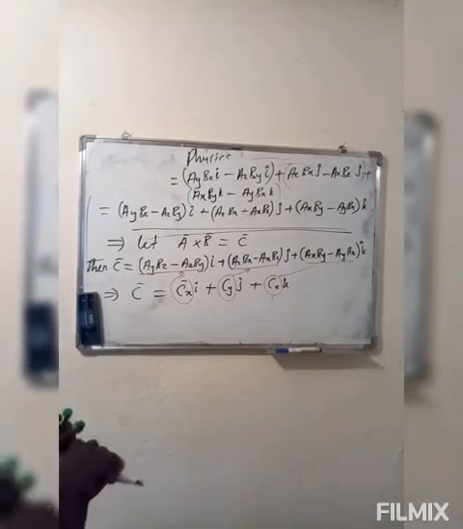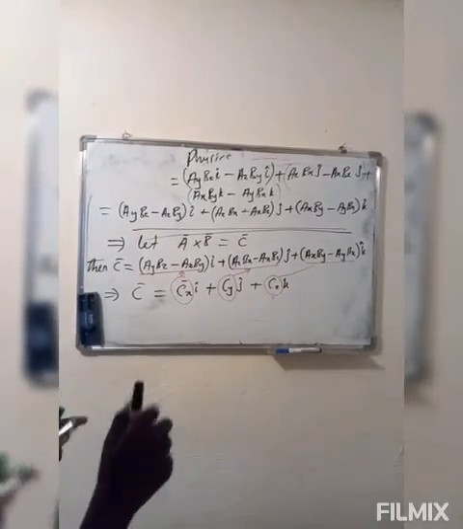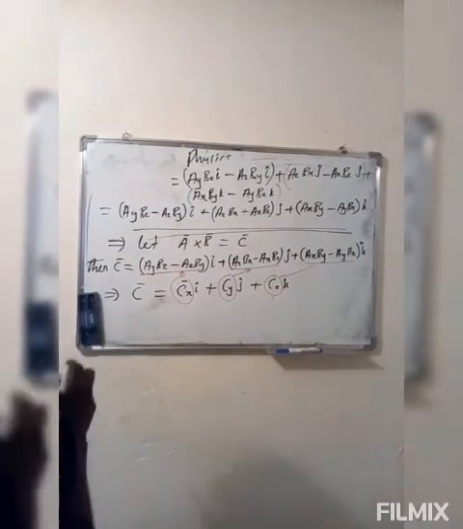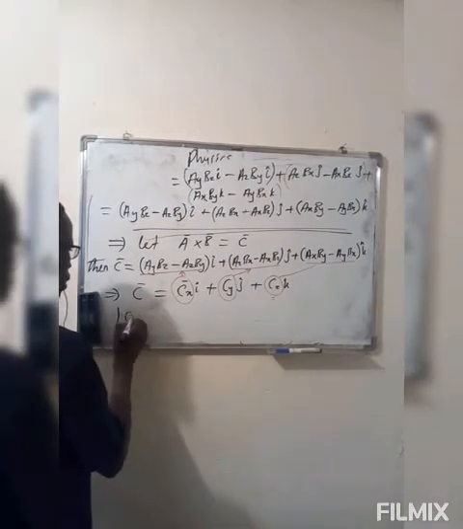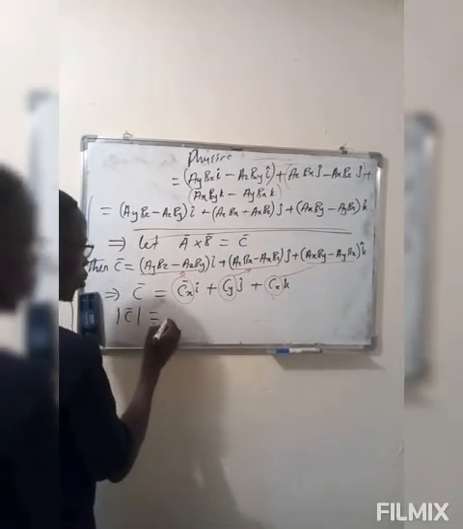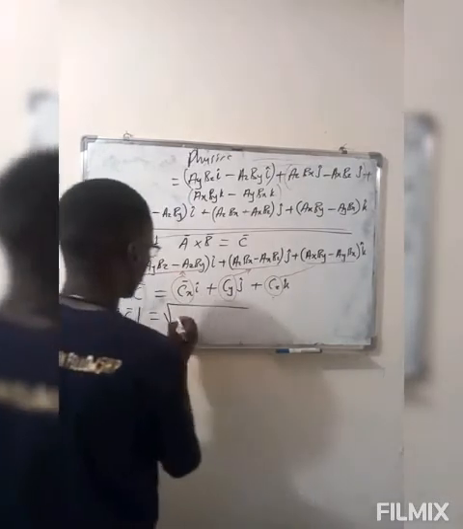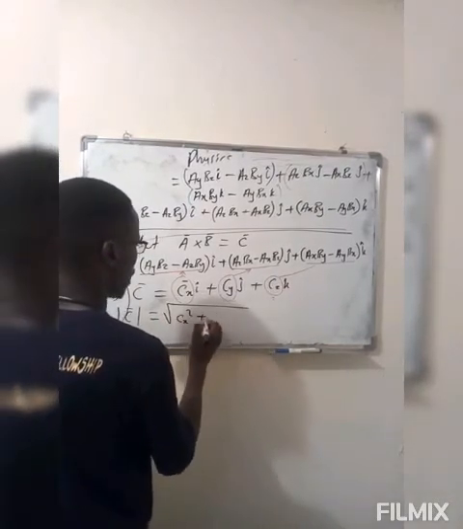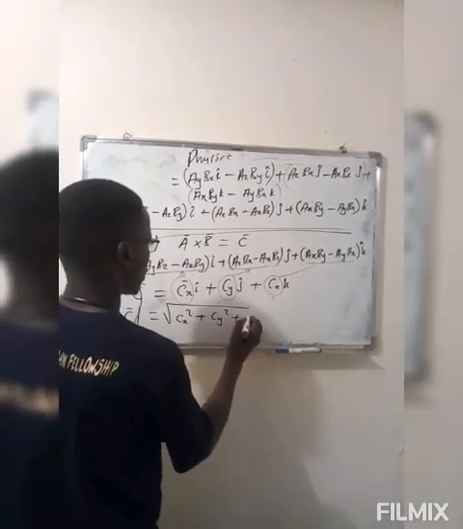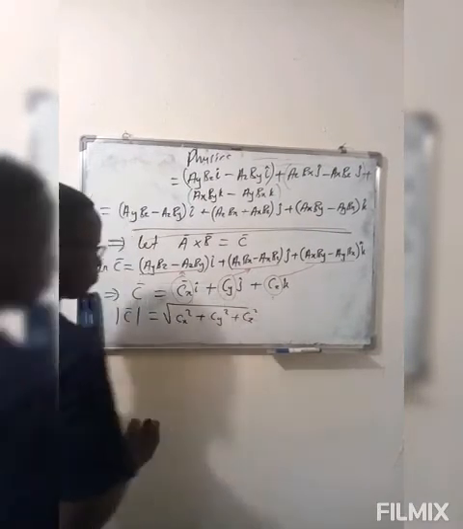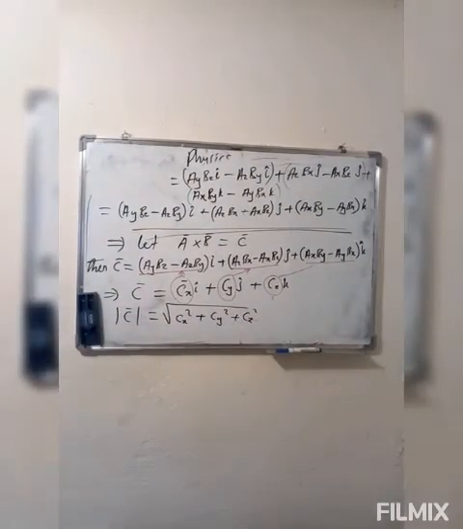Now we can calculate the magnitude, and say the magnitude of vector C is going to be equal to the root of Cx squared plus Cy squared plus Cz squared. That would be the magnitude of vector C.